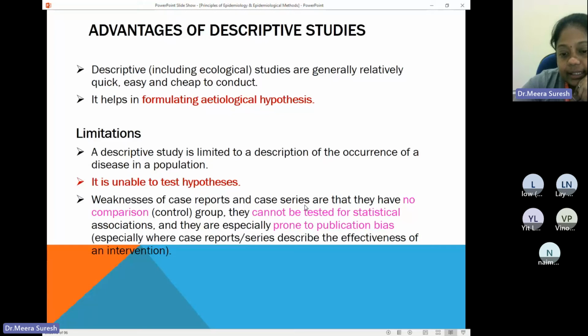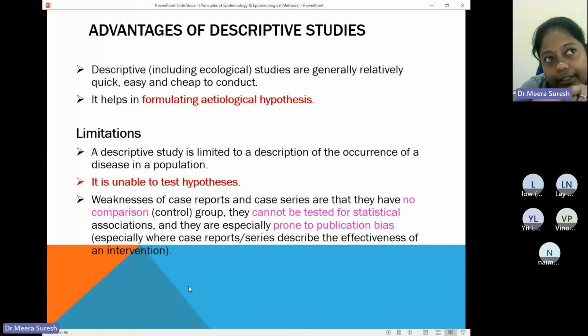The weaknesses of case reports and case series are that they have no comparison or control group. They cannot be tested for statistical association, and they are especially prone to publication bias, especially where case reports and series describe the effectiveness of an intervention. This should go exactly under the limitations. When I send it to you, I will change that position also. So these become the limitations of case reports and case series: there is no comparison group, and hence we can't do any statistical comparison or calculation.